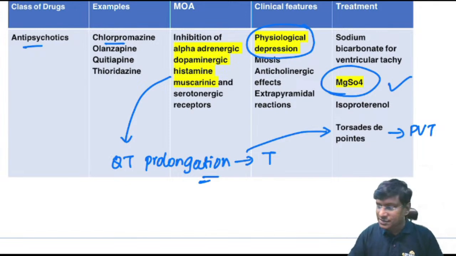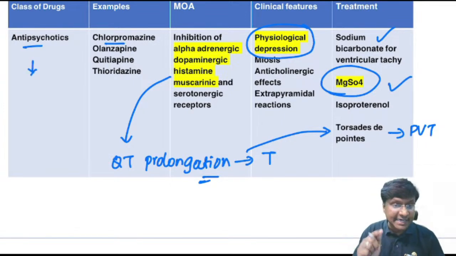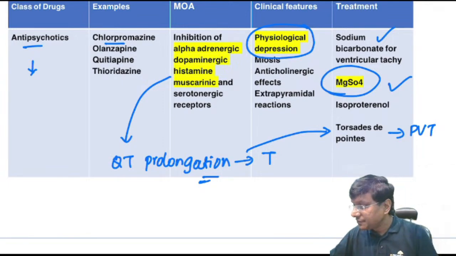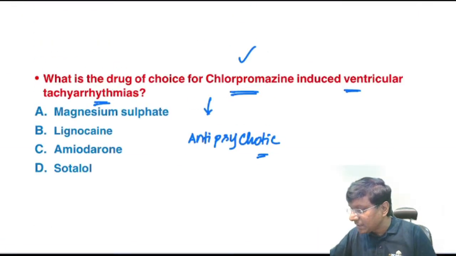And what are the other drugs? The other drug will be sodium bicarbonate. In case of antipsychotic overdose, which class of antiarrhythmic drugs are avoided?